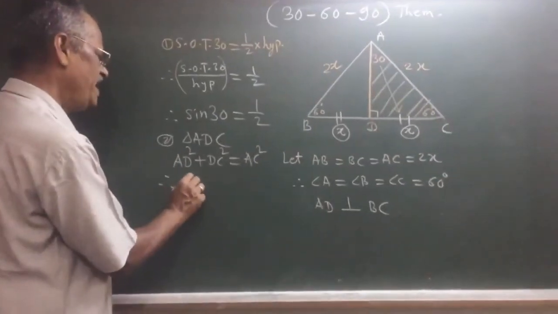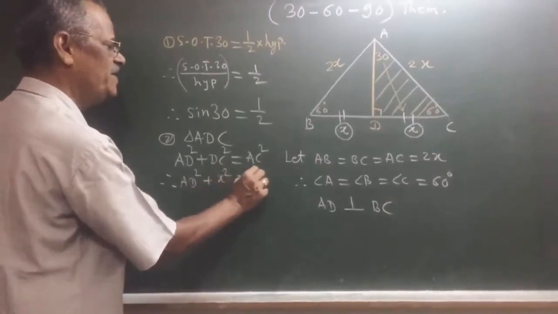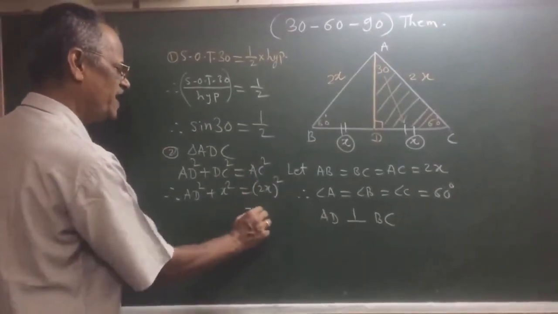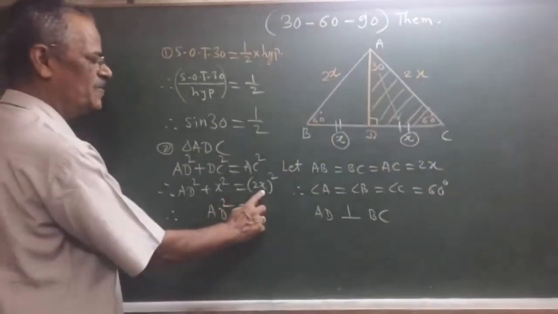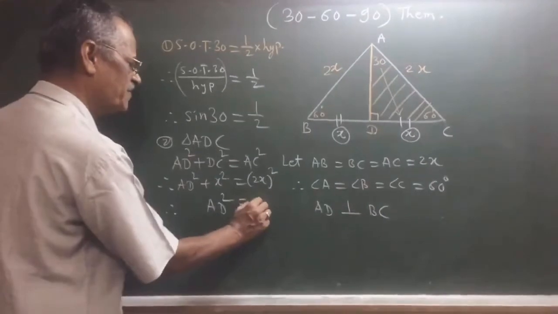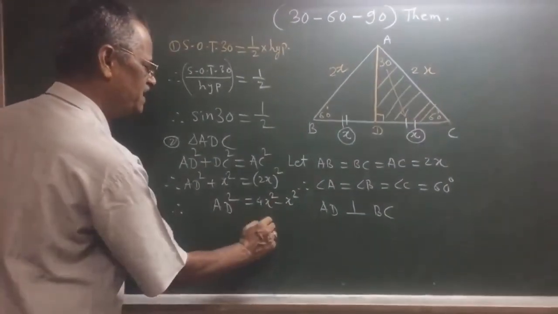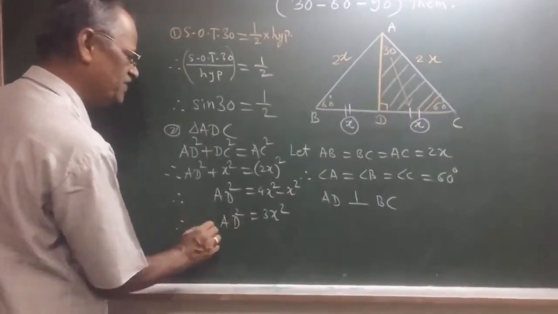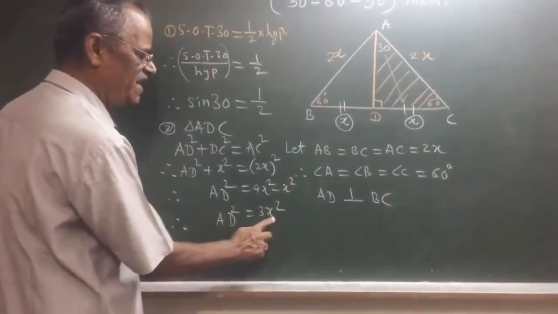AD square plus DC square. It is x square, and AC is 2x. So you know what the ultimate result is there? AD square is equal to 4x square minus x square, and it is 3x square. So AD square is equal to 3x square.